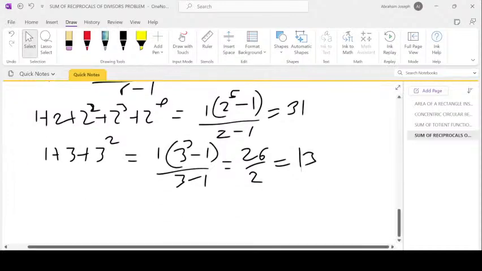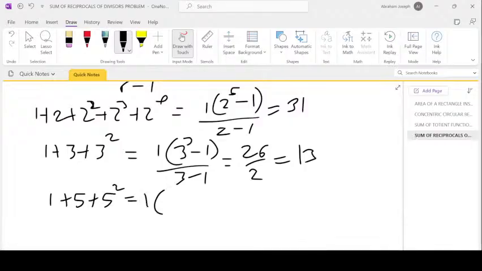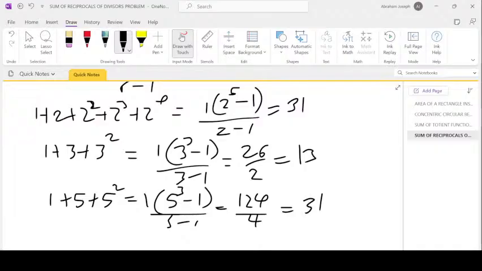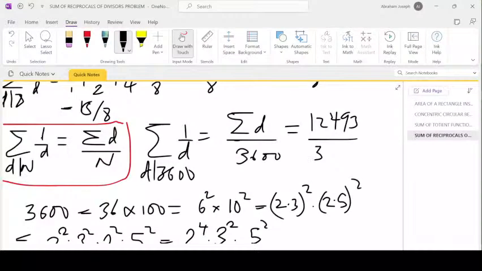The last one is 1 plus 5 plus 5 raised to 2, which is 1 into bracket 5 raised to 3 minus 1 over 5 minus 1, which is 124 divided by 4, and that is 31, right? So that gives the sum of divisors of 3,600. All right, so that is the answer to this question.